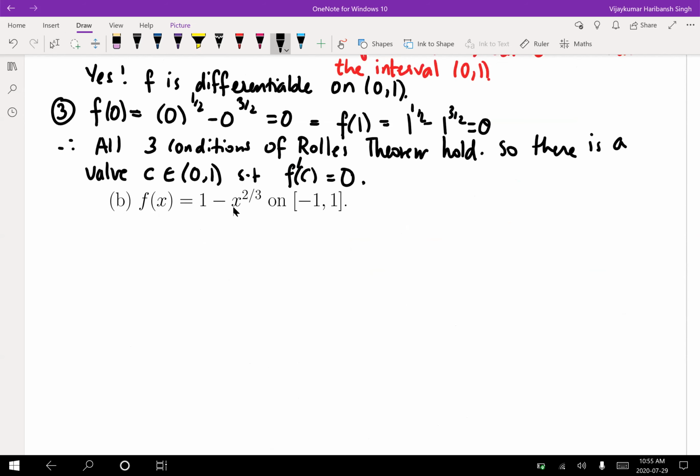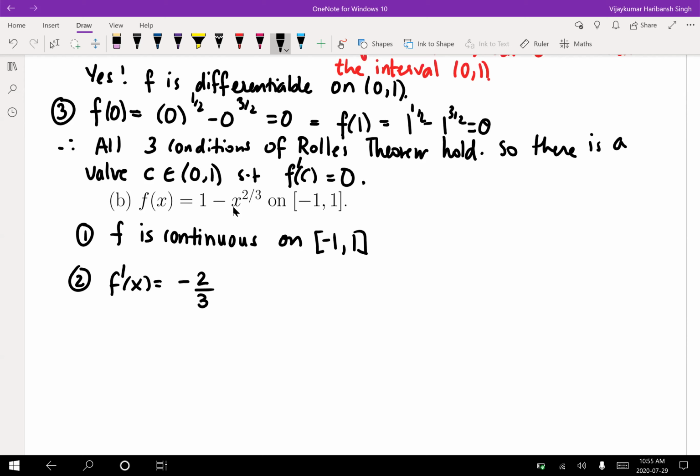Clearly this power function is continuous, so f is continuous on minus 1 to 1. What about differentiability? Take f prime of x, which is minus 2 by 3 x to the power of minus 2 by 3 minus 1, which is minus 1 by 3.